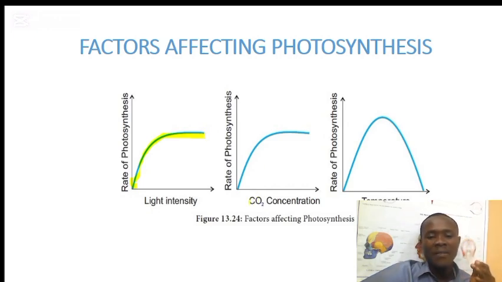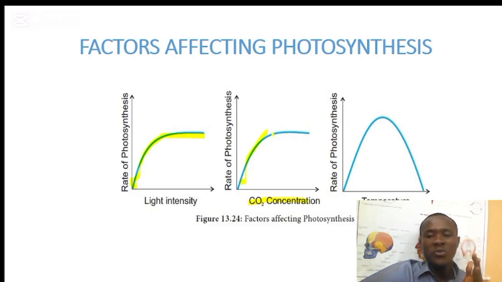Likewise, here we have carbon dioxide concentration. When you increase it at the start, the rate of photosynthesis will increase. At a certain point, even when you increase the amount of CO2 in the leaf, the rate of photosynthesis will not increase.